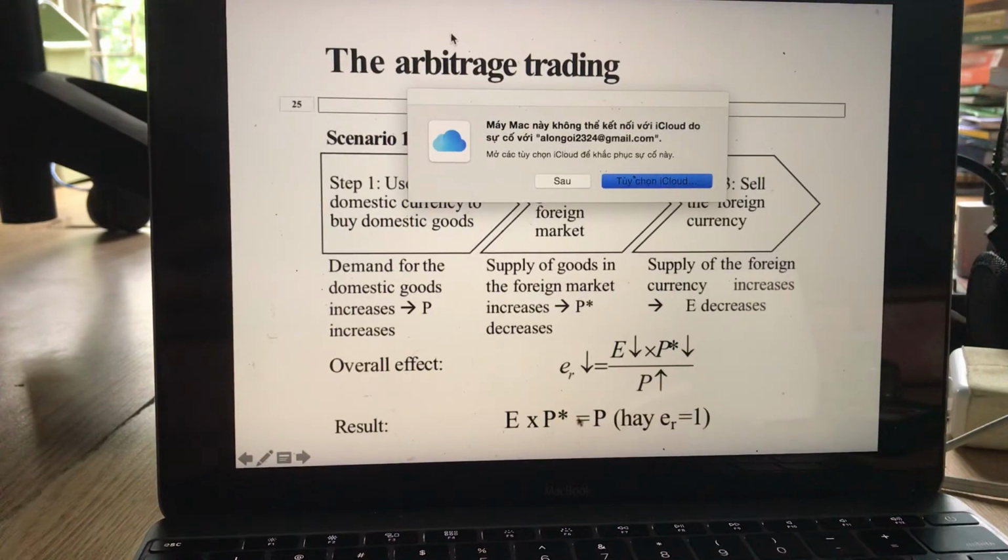So the arbitrage opportunity disappears when the PPP holds.